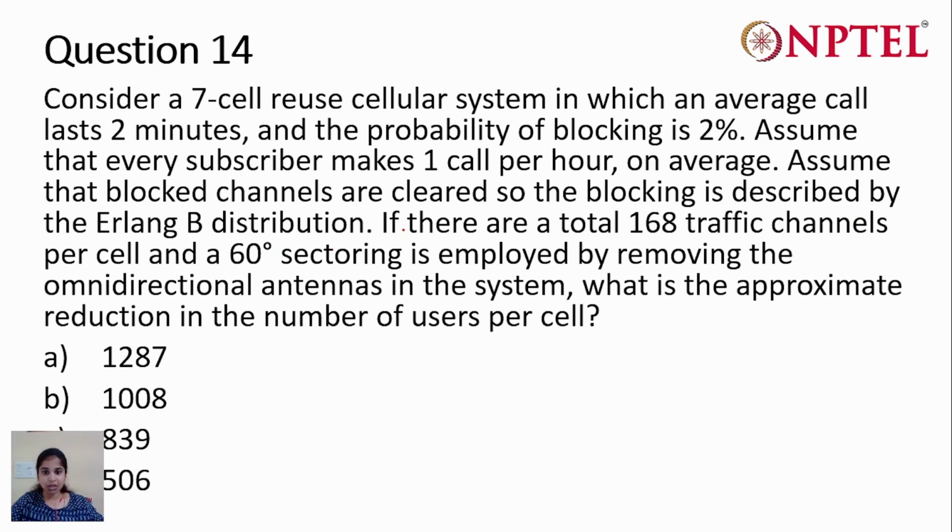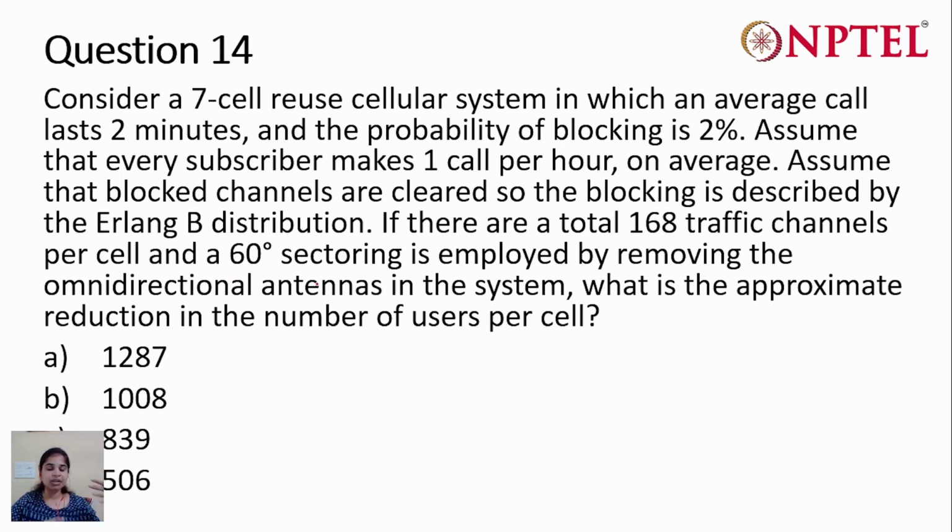Yes, that also we know. If there are a total of 168 traffic channels per cell and 60-degree sectoring is employed by removing the omnidirectional antennas, what is the approximate reduction in the number of users per cell?